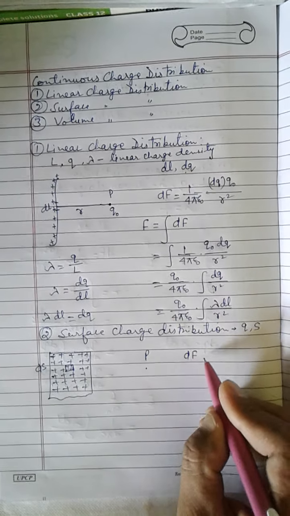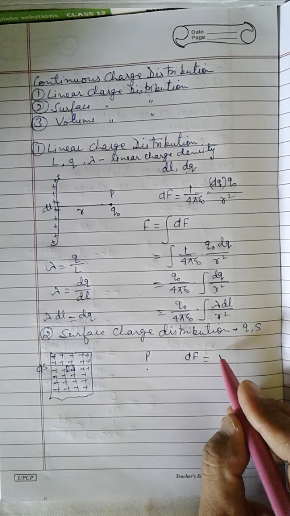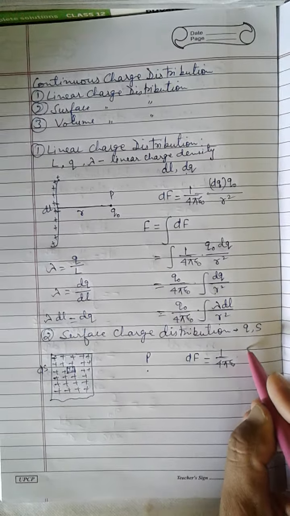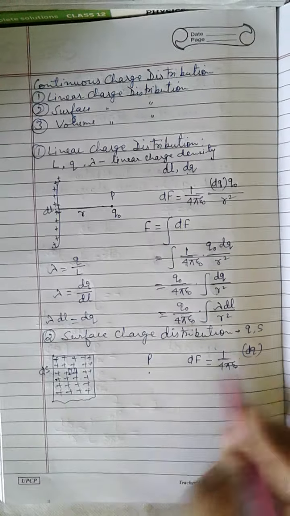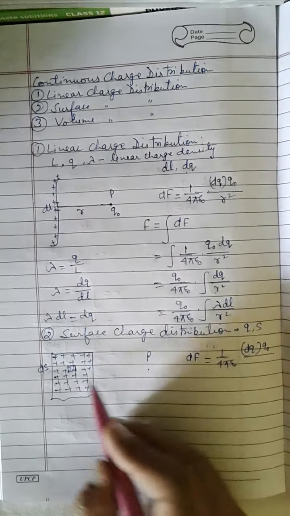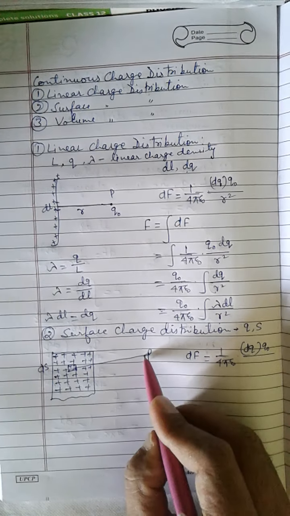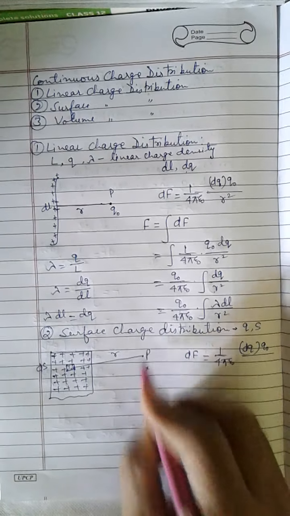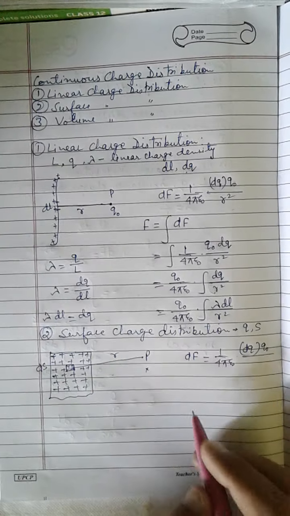We can directly say the Coulomb force due to this point charge will be how much? 1 upon 4 pi epsilon naught q1 q naught upon r square. Q1 is the charge on the element, it is again dq, and suppose the distance of this point P from the element is r. This is the dF.